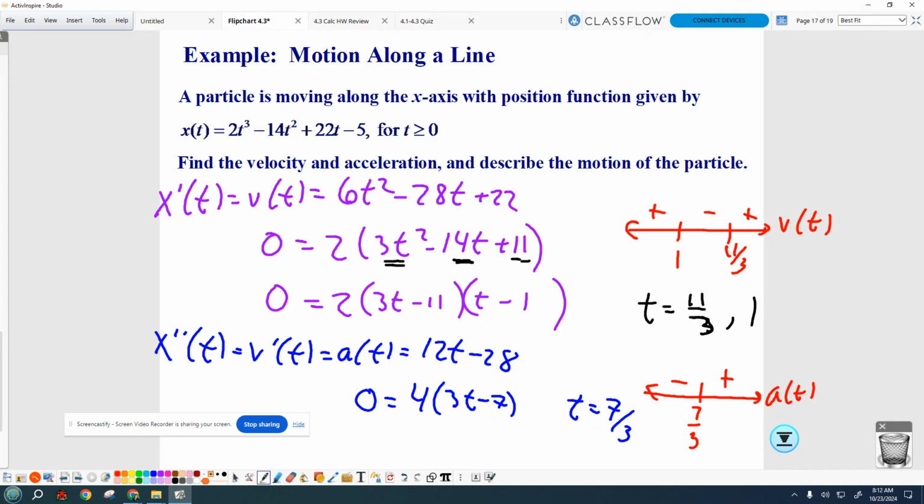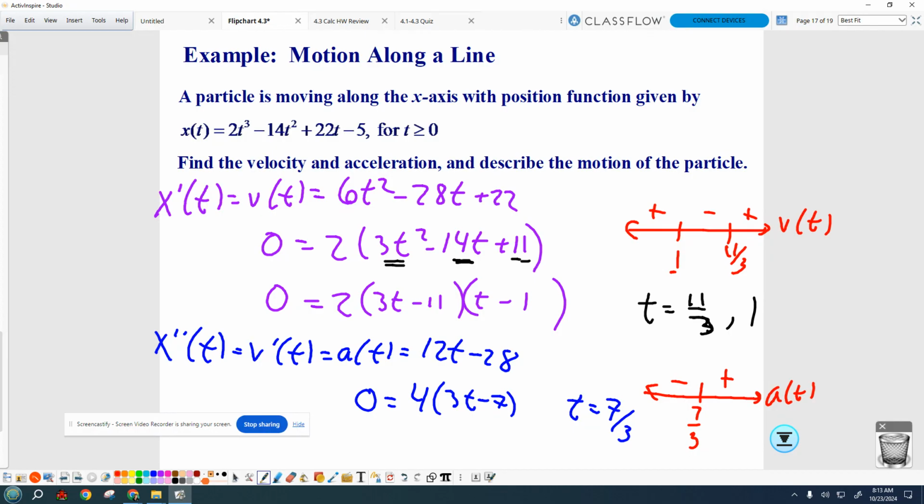Until 1 second, there's a brief moment that it's accelerating in the negative direction. So the object turns around at 1 second and starts going faster in the backwards direction, and then turns around again at 11/3 seconds, kind of, sort of.